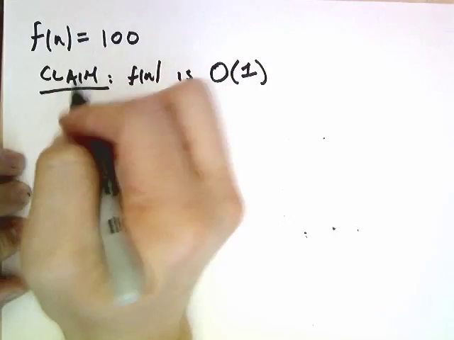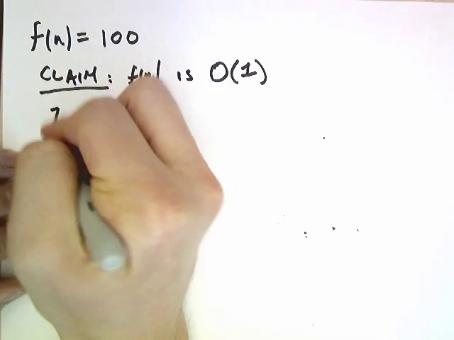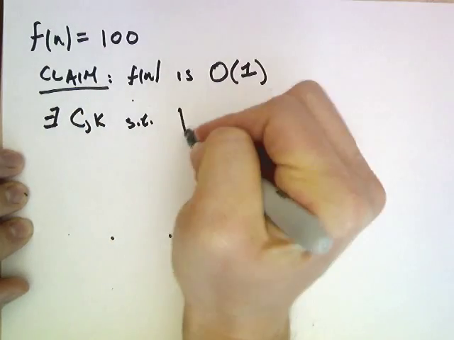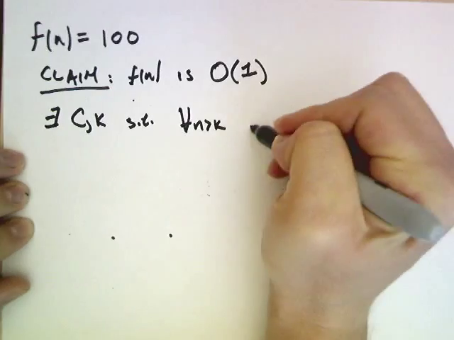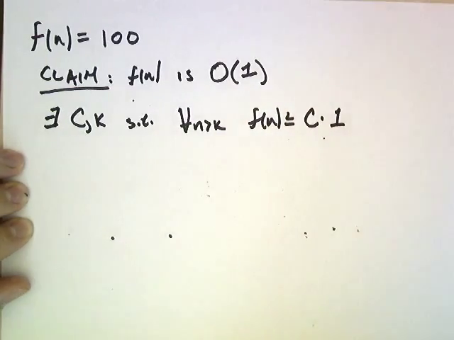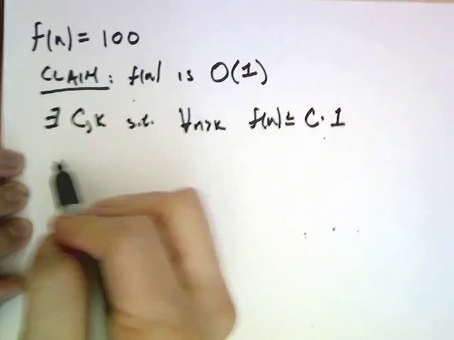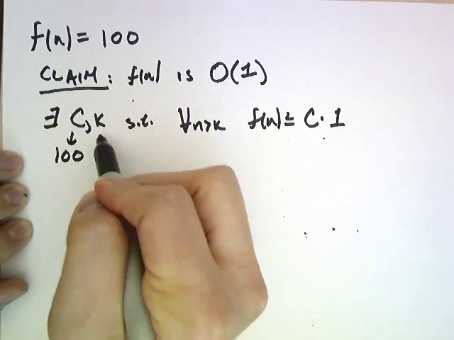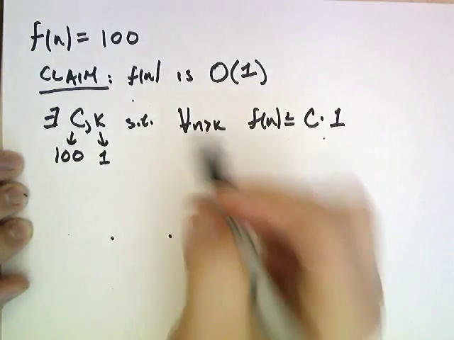So why is that? Well, remember, we need to prove that there exist c and k such that for all n greater than k, f of n is less than or equal to c times 1, because we put a 1 in there. So I'm going to choose my constant c to be 100. And k, again, we'll pick to be 1.